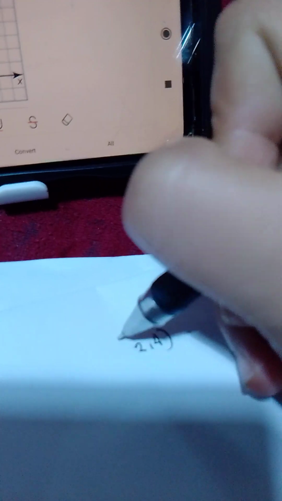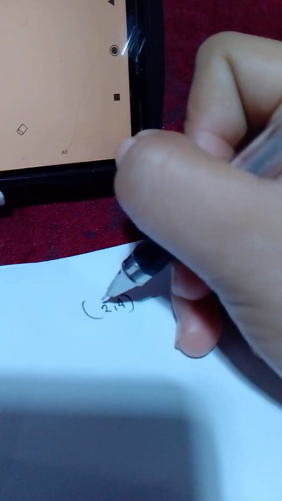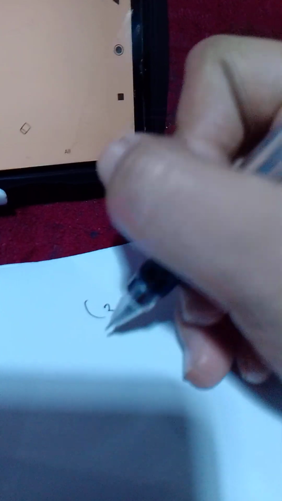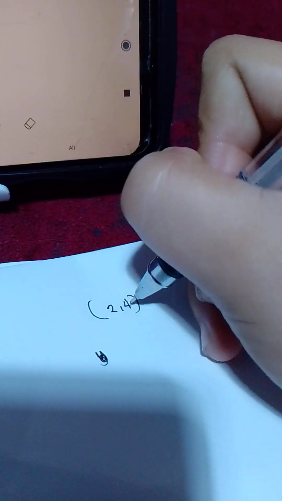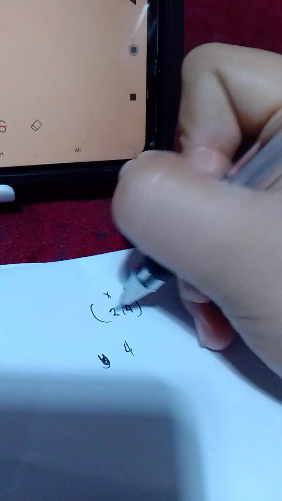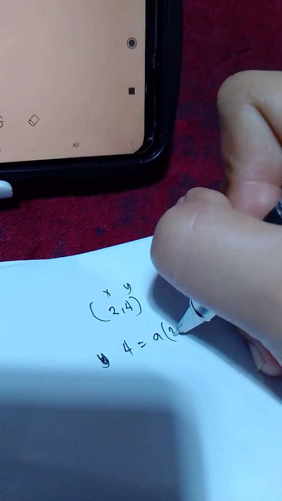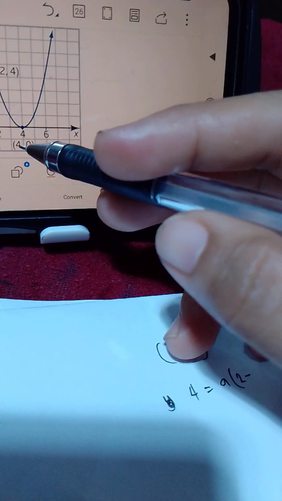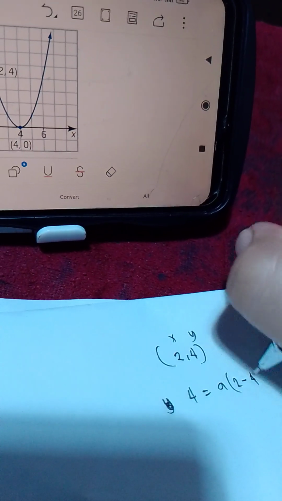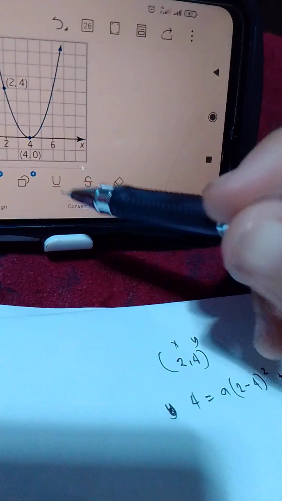To find the value of a, substitute this value. So we have 4 as our y, equal to a times (2 minus our h, which is 4) squared, plus our k.